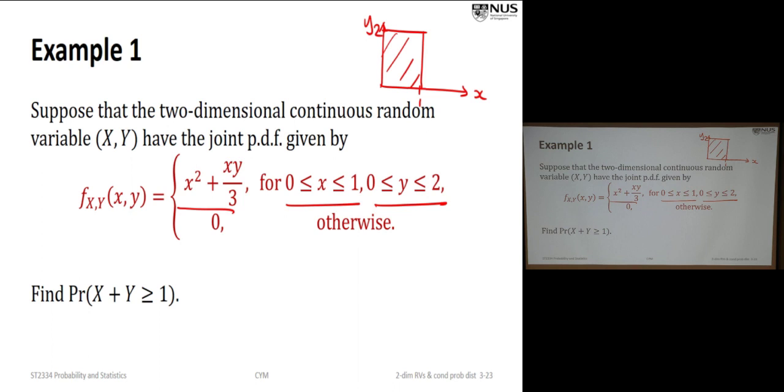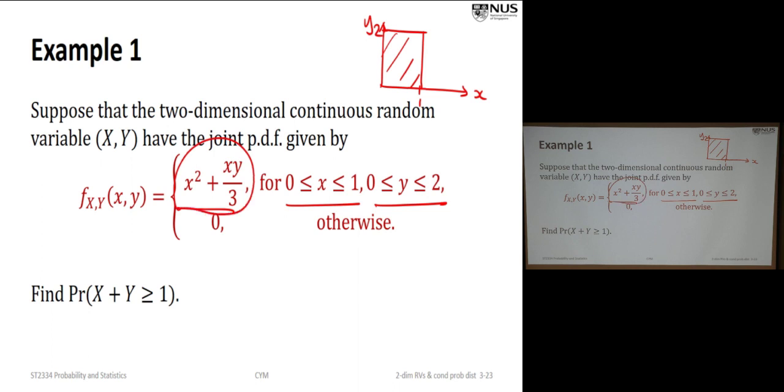So you can think of it as a three-dimensional picture with x and y as the two dimensions, and the third dimension represents the density function. You can think of something coming out from this shaded area, and the height depends on the function. In other words, it depends on the location of x and y.